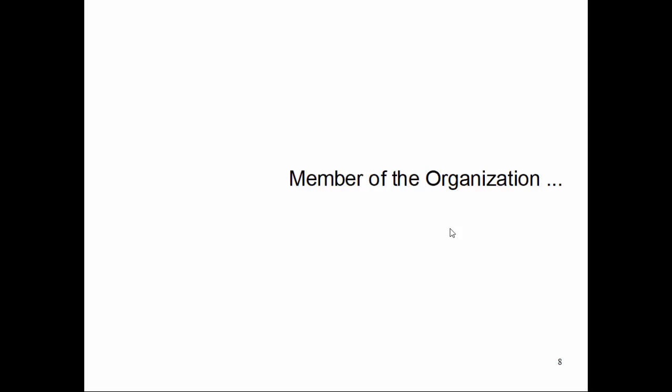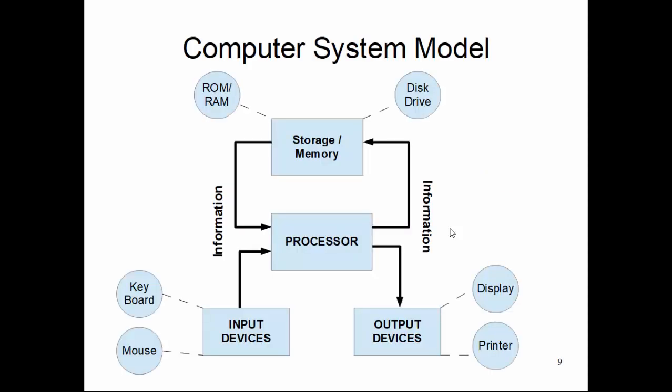As we have seen in the last couple of slides, a computing system in abstract view has a processor, and then there is associated storage memory, and there are input devices and output devices.